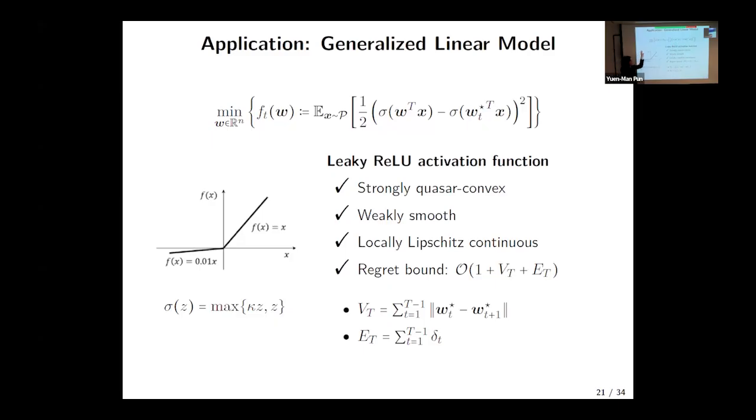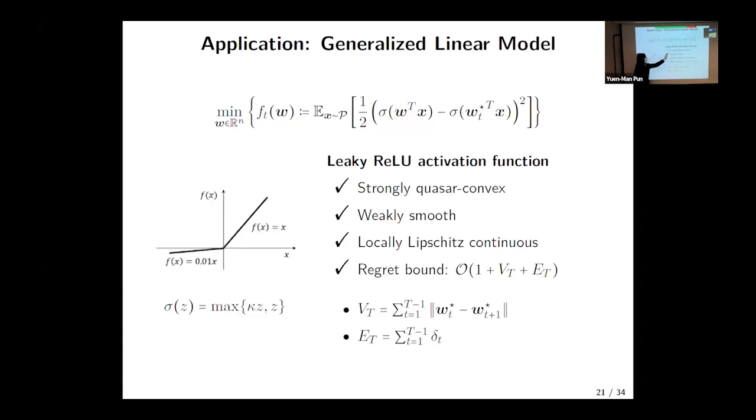The first activation function sigma that we are studying is the Leaky ReLU activation function. ReLU has been used a lot in deep neural networks, but the flat part is hard to study.